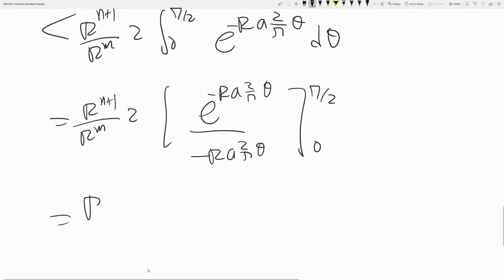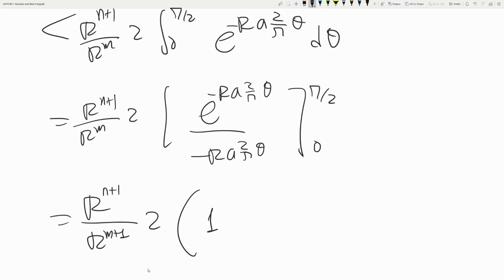We can take out the R, and that's all it matters. So we have R to the m plus 1, then one over A 2 pi, and then minus R A 2 pi. Let me bring it out.